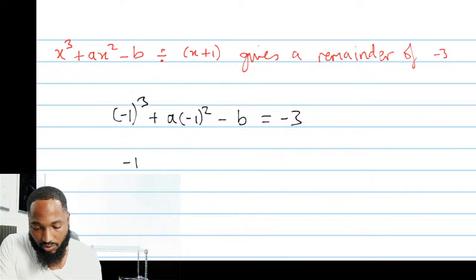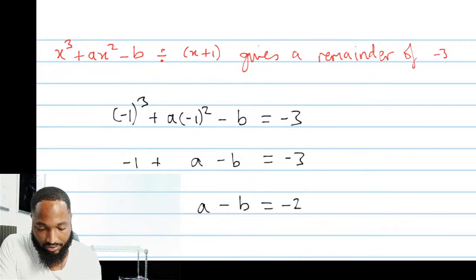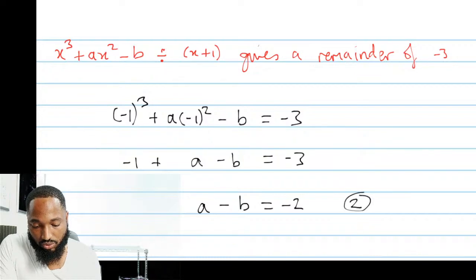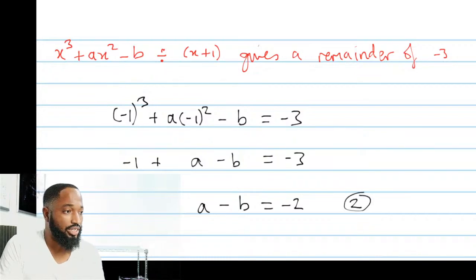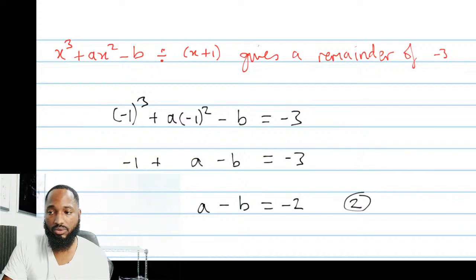So this is negative 1 plus a minus b is equal to negative 3. So this is a minus b is equal to negative 2. This is equation 2. Why is in the chat you all got these two equations?